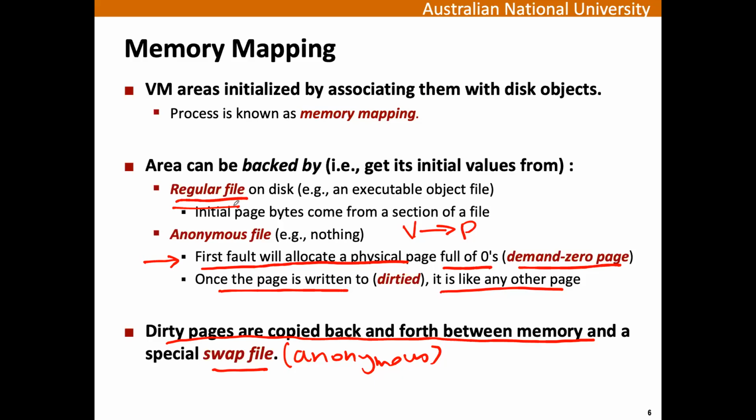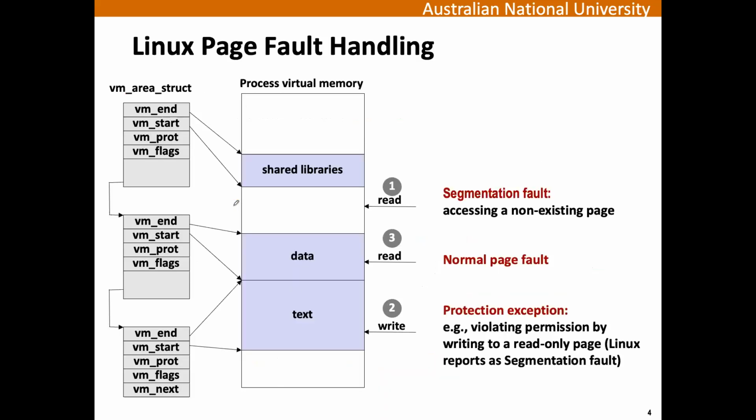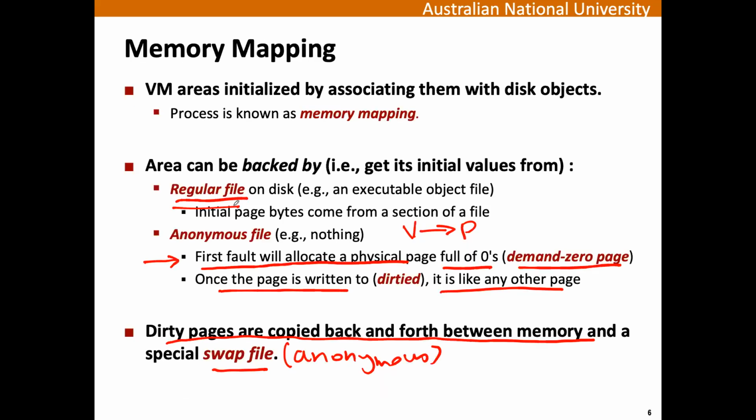Okay, so we have a virtual address space. We know what a virtual address space is. We can create an arbitrary mapping in this virtual address space. We can reserve an area in this virtual address space. And we can back it by a regular file that physically exists on disk, and we can use the page fault mechanism to bring portions of that file into physical memory.